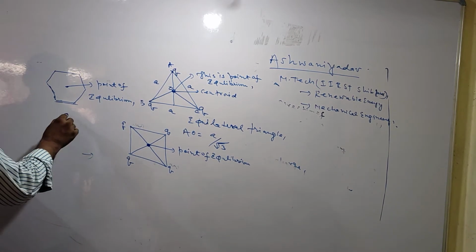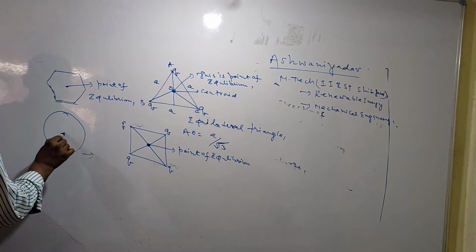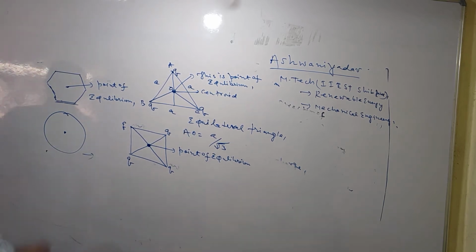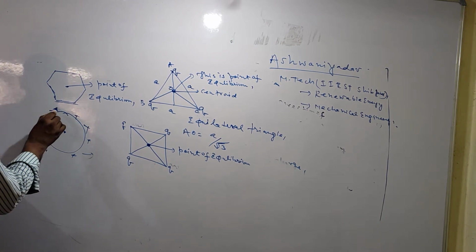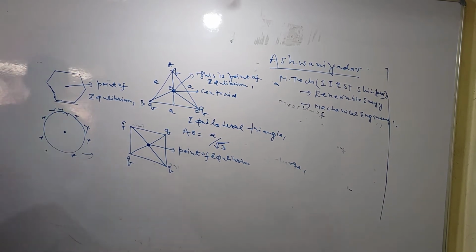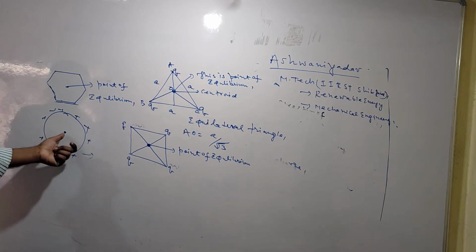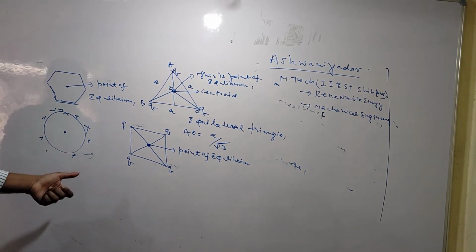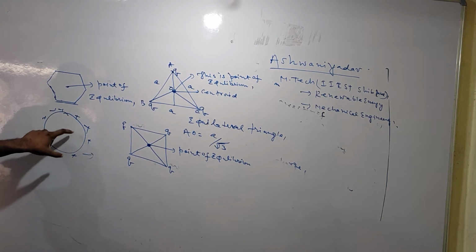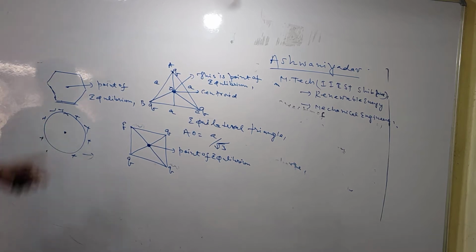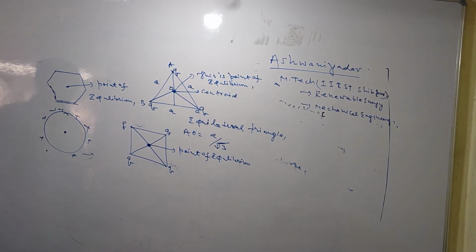Circle: this is also a point of equilibrium. If charge is distributed like this, symmetrical on this ring, and you put a charge at this point, the force on this charge will be 0.